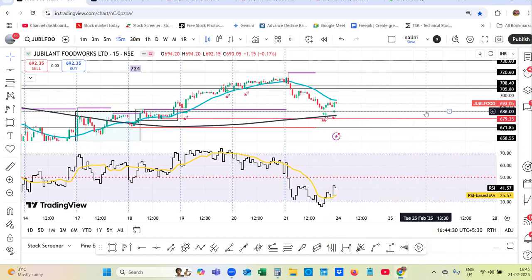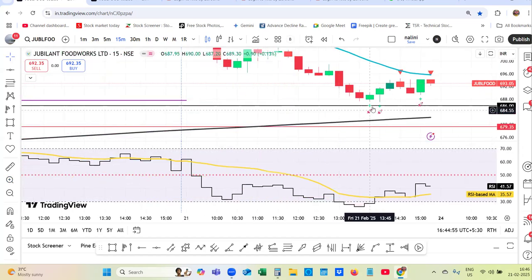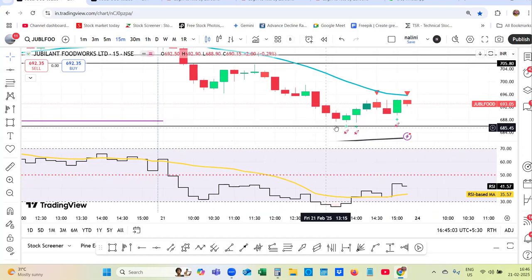So that was my level. I should exit, not get disturbed by any other in-between moves. Let us check where it came down. Around 145, 130. Can you see here? It made a low of, I'm placing the cursor, 687.20.